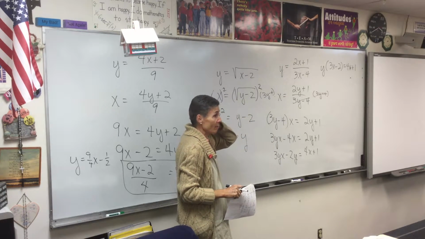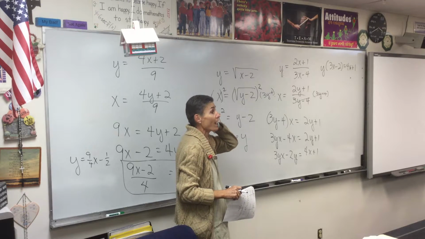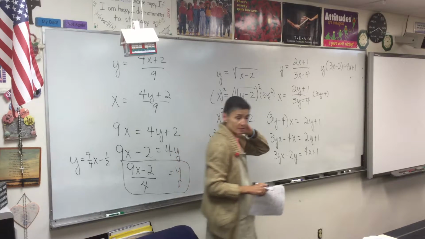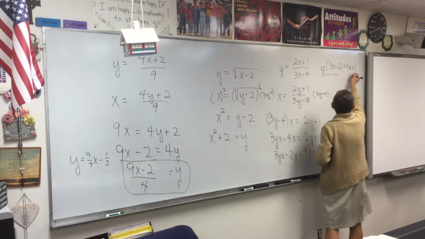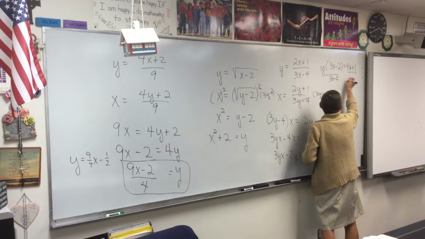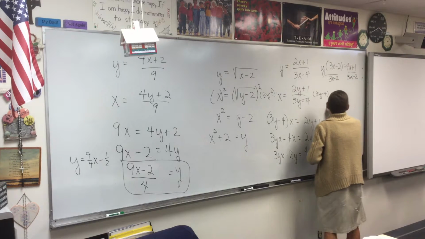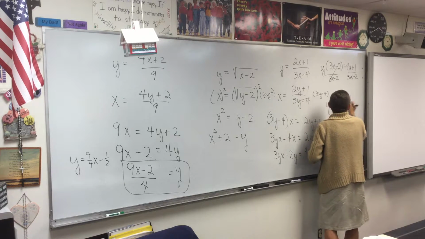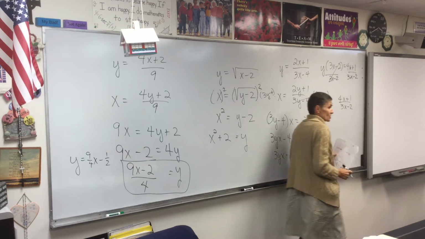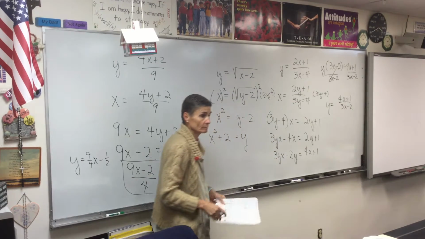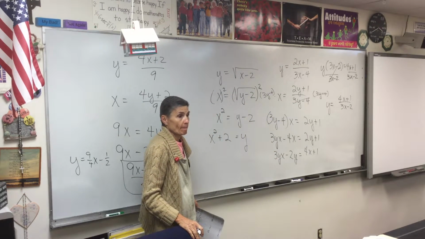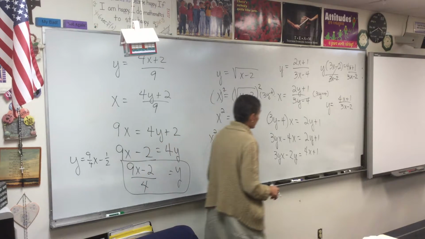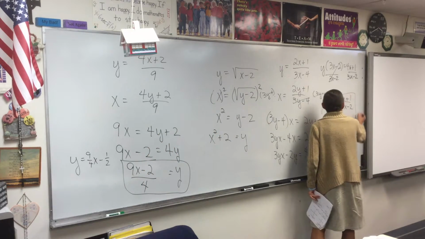What am I going to divide by that's going to leave me with y all by itself? What do I need to divide by? 3x minus 2. You're exactly right. I'm going to divide both sides by 3x minus 2. And my answer is 4x plus 1 over 3x minus 2. That's your final answer. A lot of work.